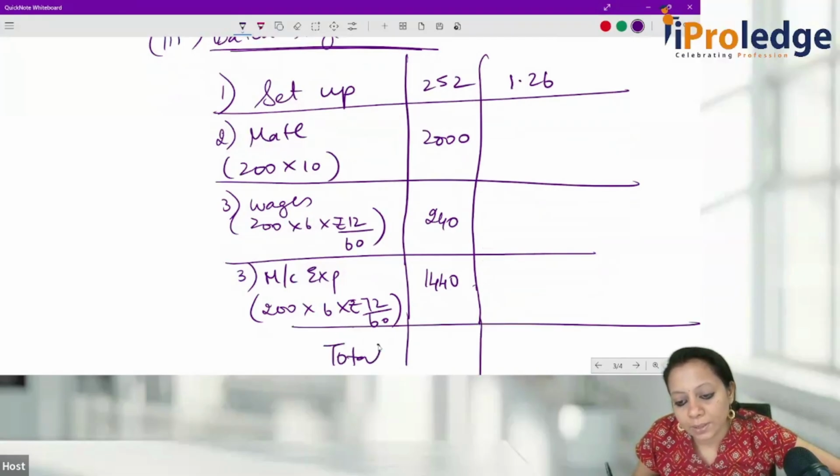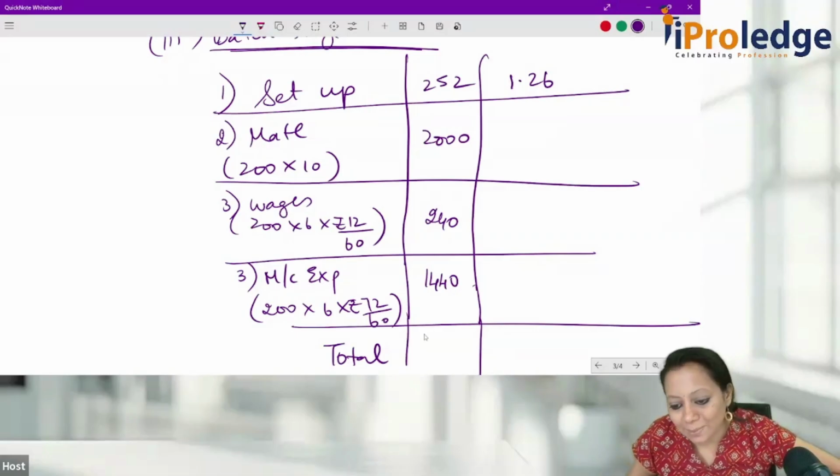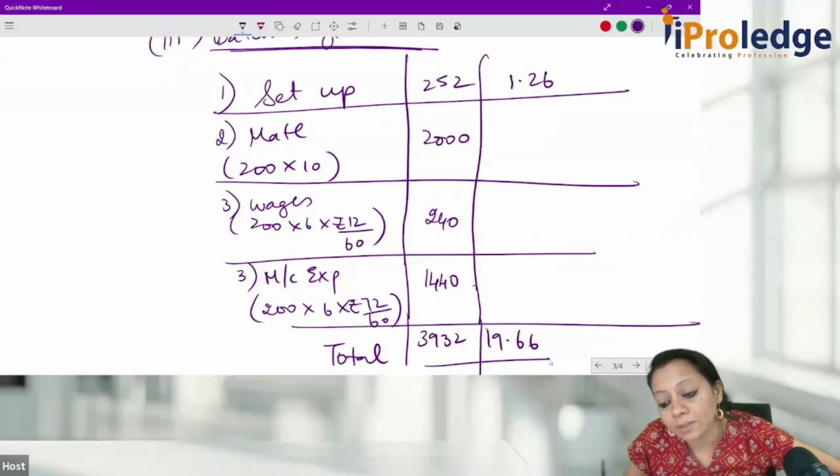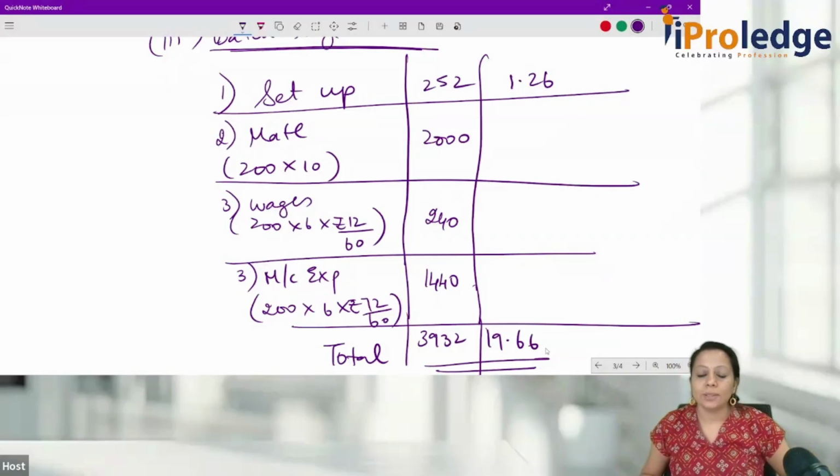Now let us do the total. 3932, right. 3932 divided by 200. 19.66. See, even now it has come lower, cost per component. So that's all. It was quite simple.